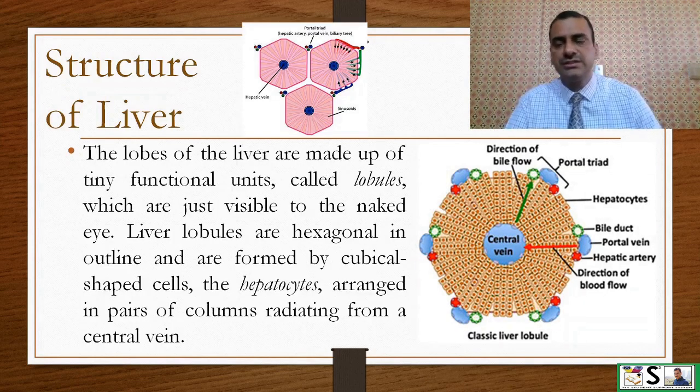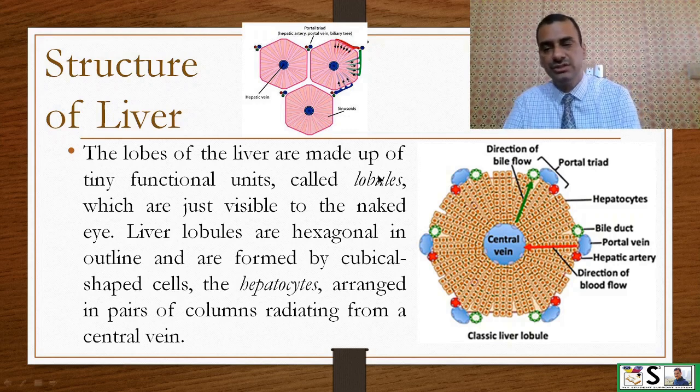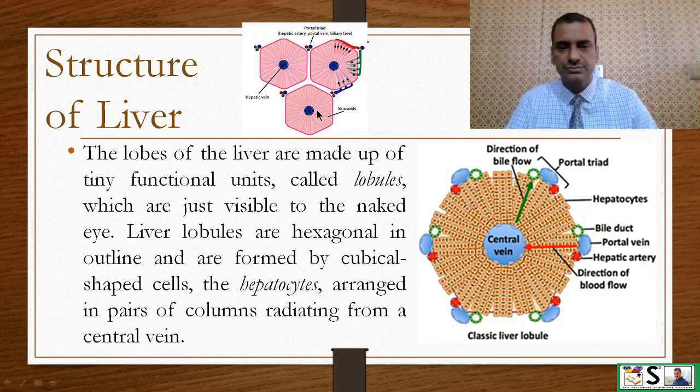Now we discuss the structure of the liver. The lobes of the liver are made up of tiny functional units called lobules, which are just visible to the naked eye. Liver lobules are hexagonal in outline, formed by cubical shaped cells.